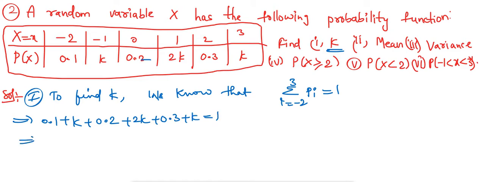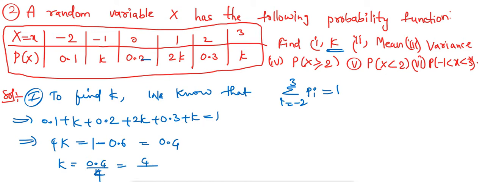From this k plus 2k is 3k, plus k is 4k, equal to 1 minus (0.1 plus 0.2 is 0.3, 0.3 plus 0.3 is 0.6). 1 minus 0.6 is equal to 0.4. So k is equal to 0.4 by 4, that is 4 by 4 into 10, 4 ones are 4, so it is equal to 1 by 10. From this, k is equal to 1 by 10.